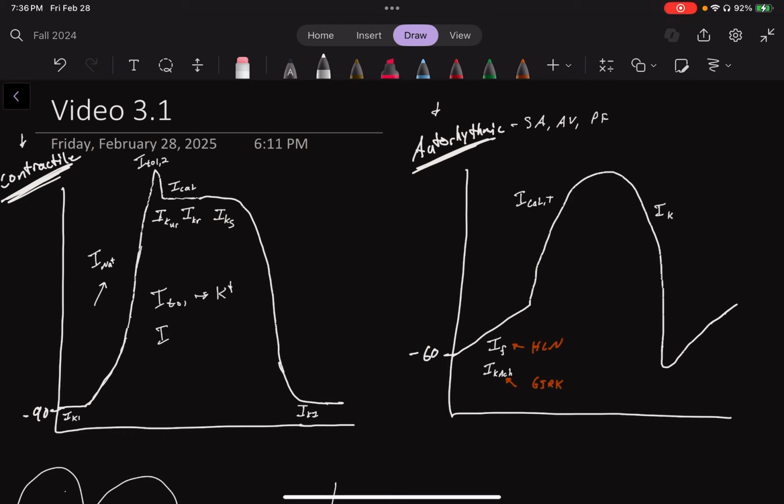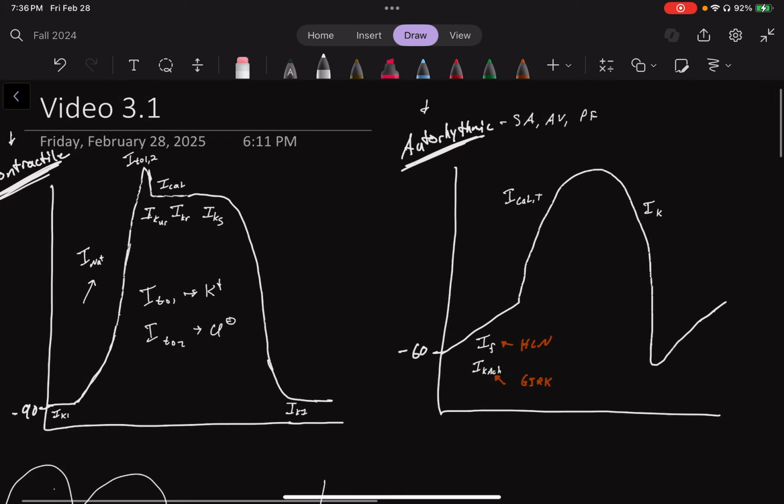What also contributes to this really quick repolarization is the ITO2 channels, which are actually calcium-activated chloride channels. The chloride will come into the cell, so the O is kind of useless for us there, but that's because they discovered the potassium ones first. Anyways, the chloride rushing into the cell also helps to repolarize the membrane.